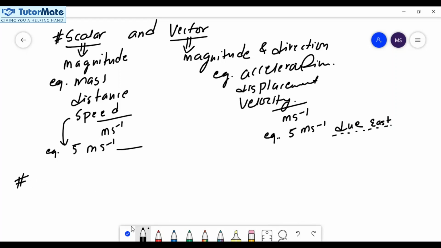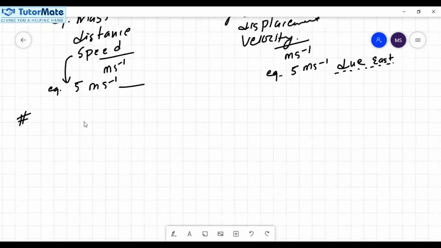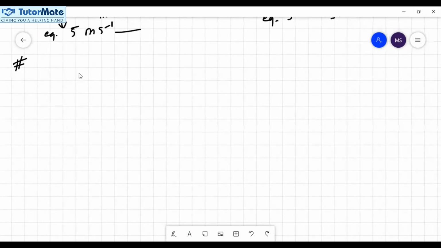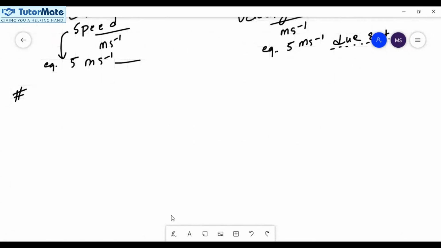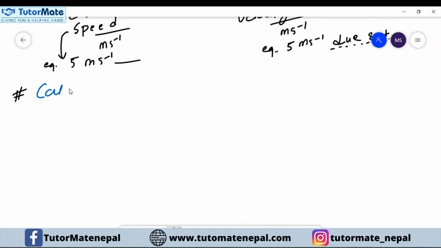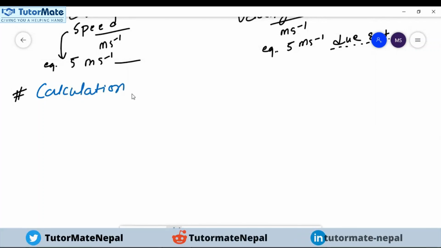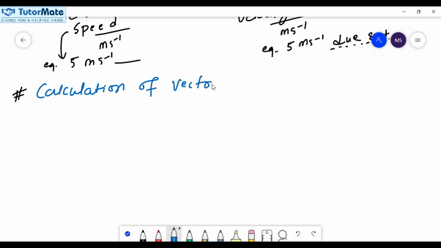Similarly, moving further, there is the calculation of vector quantity.